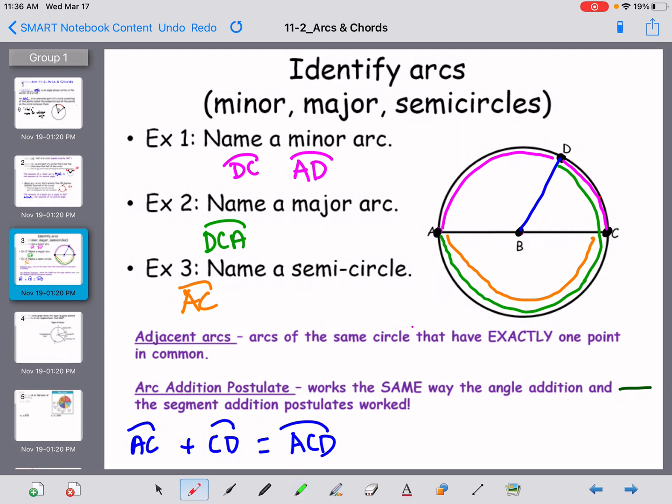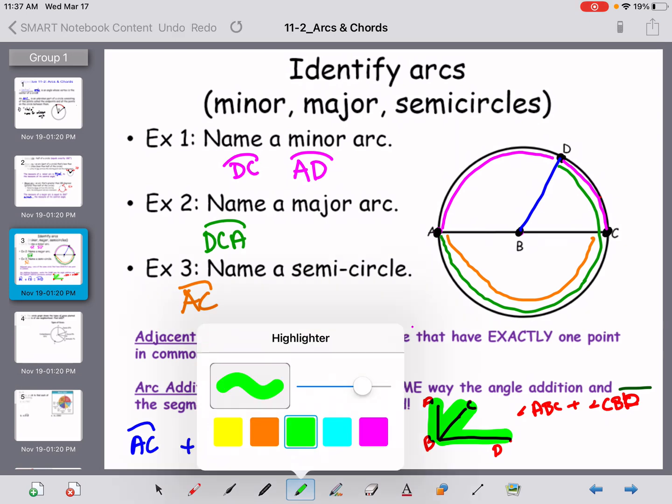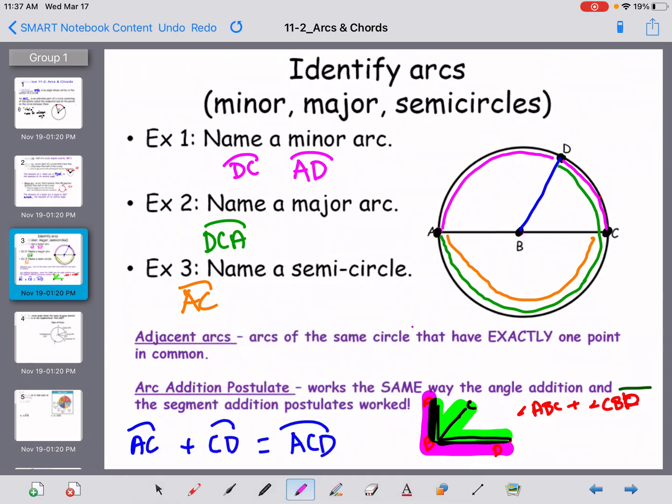Basically, it says that if I have this image, if I add angle ABC, and we're going to call this D, if I add angle ABC to angle CBD, that would give me the big angle here, ABD.